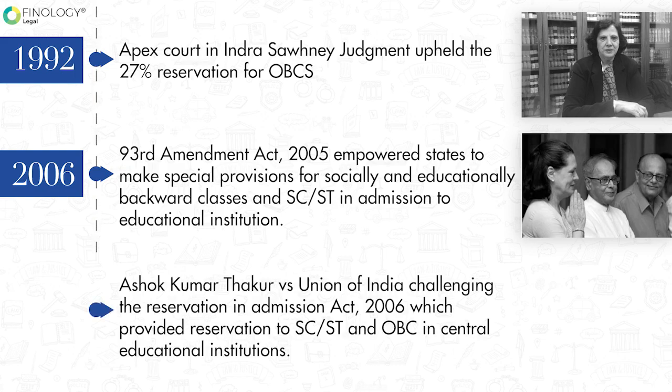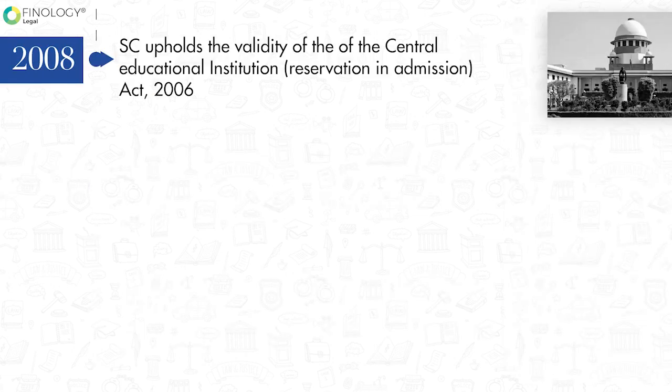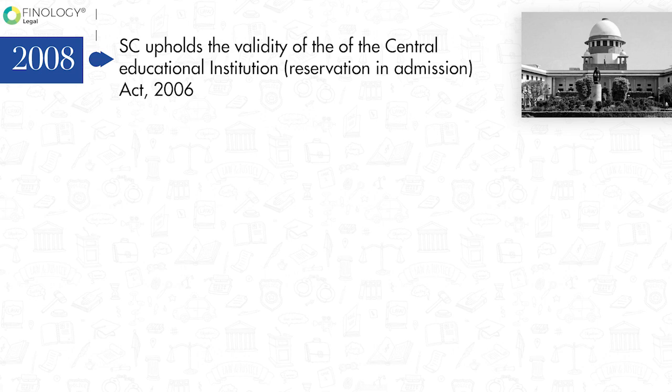In the same year, 2006, a petition was filed and a case was registered in the name of Ashok Kumar Thakur versus Union of India, which challenged the Reservation and Admission Act 2006, which provided reservation to SCs, STs and OBCs in Central Educational Institutions. After that, in the year 2008, the Supreme Court upheld the validity of the Central Educational Institutions (Reservation in Admission) Act 2006 in providing 27% quota to OBCs in educational institutions.